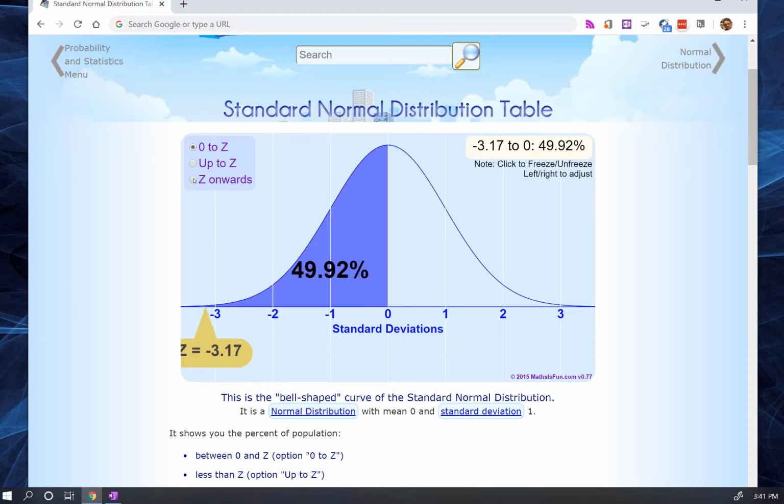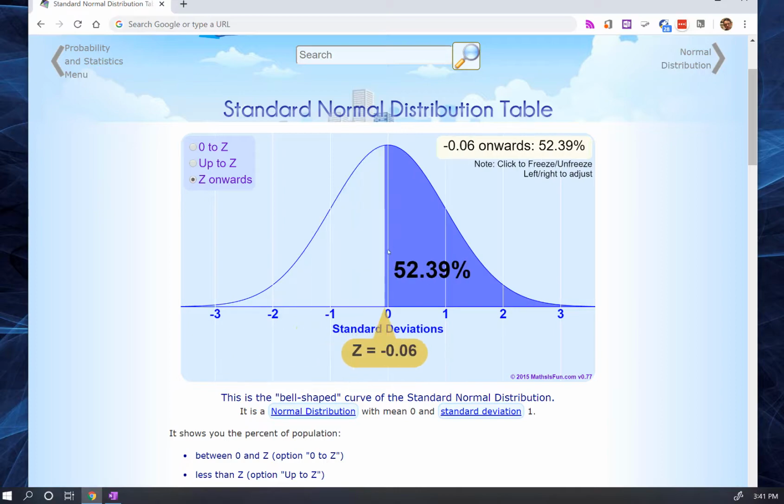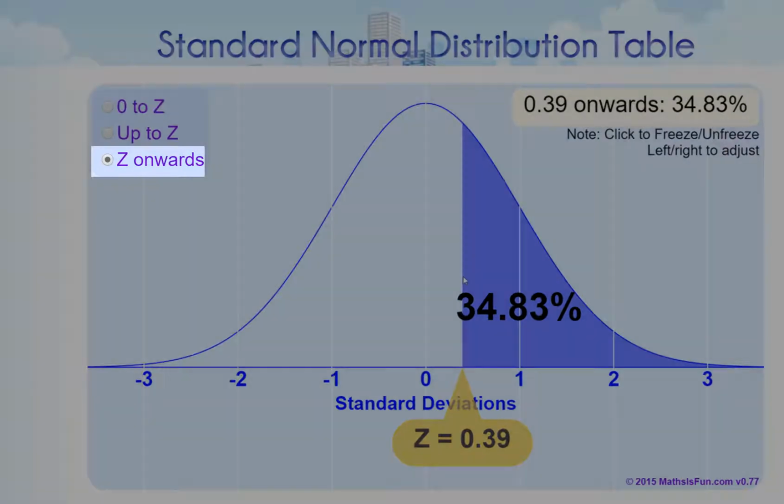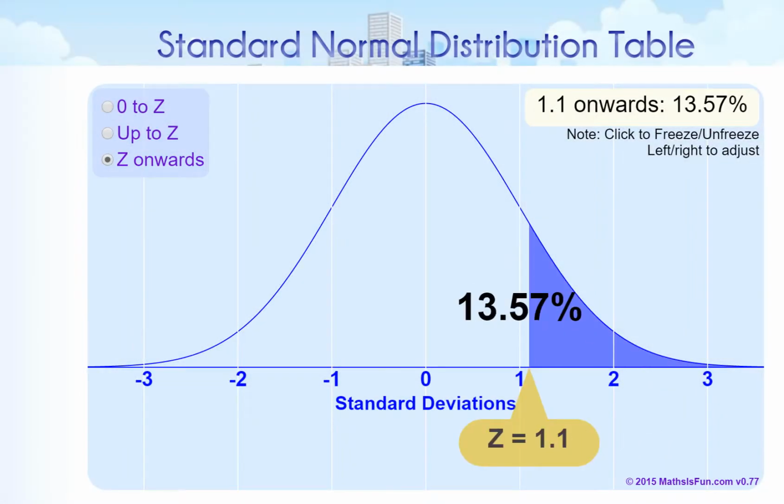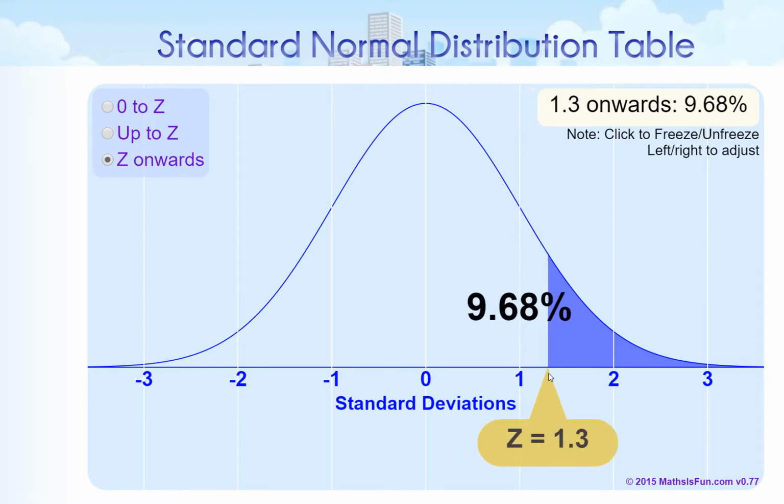If we're interested, as we were in that previous problem, in the tail of the distribution, then we're going to select this third button, Z onwards, and drag until we get to the z-score we calculated earlier, which was 1.25. We drag until we get that score and read the corresponding area in the tail of the distribution.